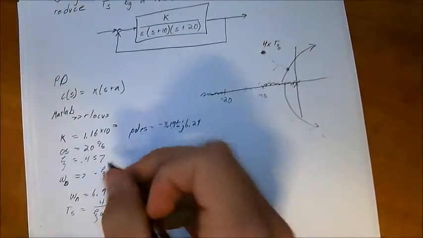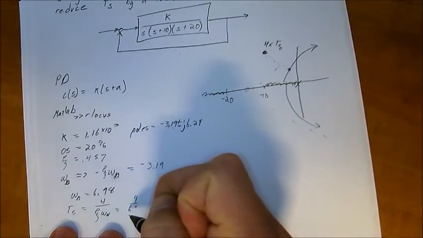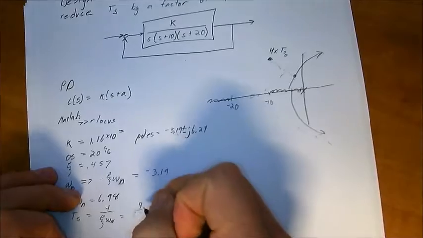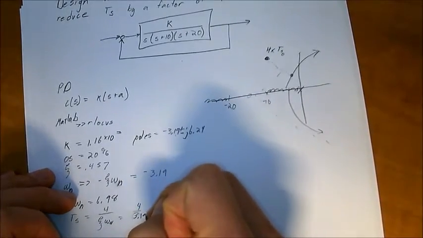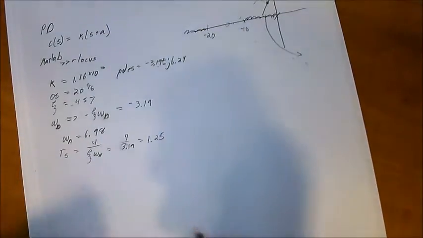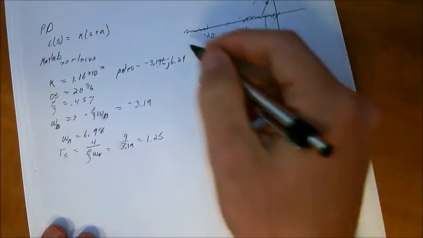Omega d is equal to 6.98. And then you use zeta omega n down here, and it is equal to 4 over 3.19, which is equal to 1.25. Just like that. Okay, so you've got your basic values for the original function.